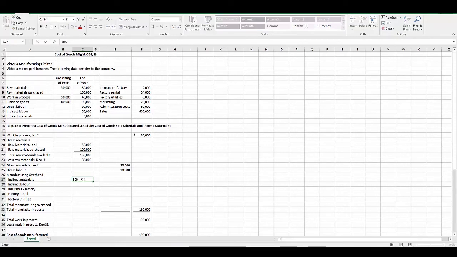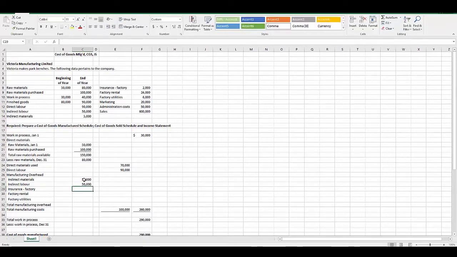So we'll enter in 50,000 here. Then our indirect labor. So these are not the labor costs that are related to actually making it. The indirect labor refers to, for example, your supervisory staff, your cleaning staff, security. So you need to have these people there to run your manufacturing operations. So we're told that indirect labor is $50,000.